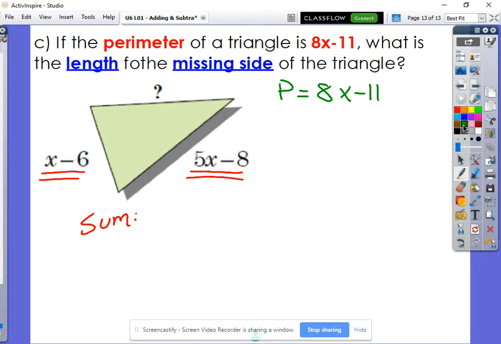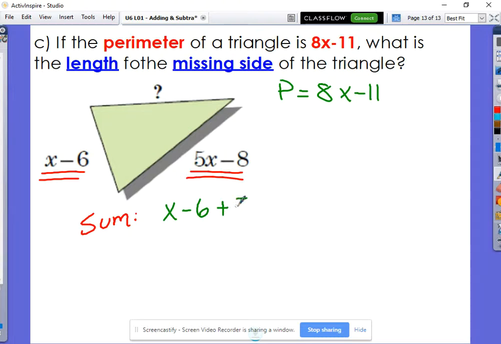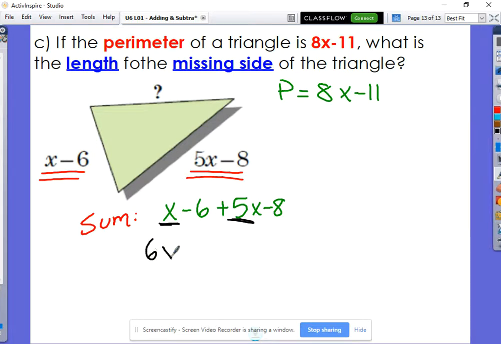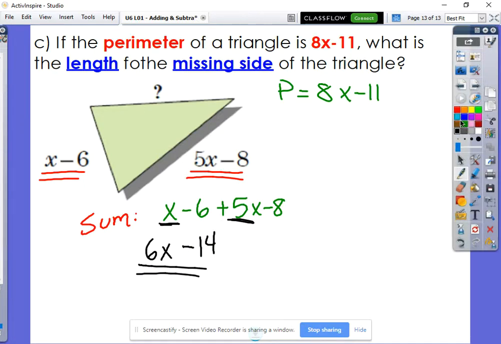So we want to add those together: 6x minus 6 plus 5x minus 8. If we add them together, we're left with 11x and then minus 14. Okay, that's our sum. Step two is to now subtract that out of the perimeter.